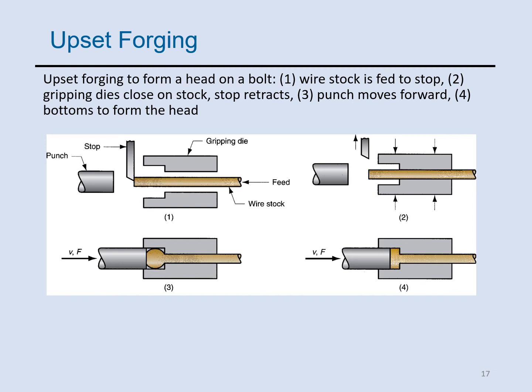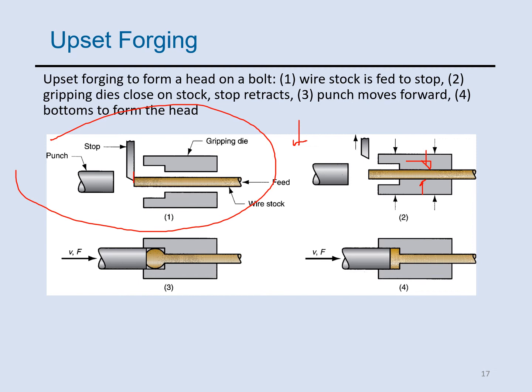It has several steps, 4 steps, as you see in this schematic. The first step is this one, where the wire stock is fed to a certain distance. If we have a stop here, the part stops there, and then we have gripping dies, this one, that move toward the part, and hold the part firmly.